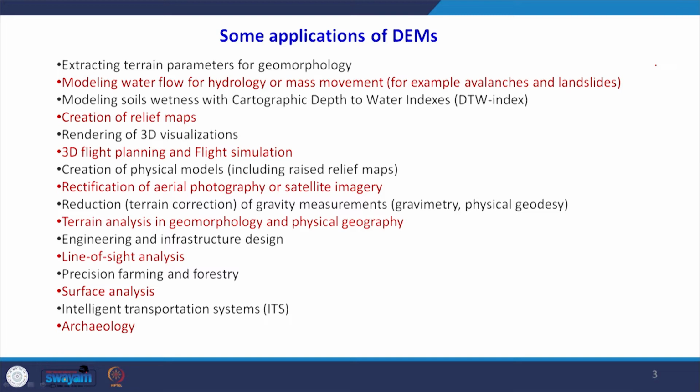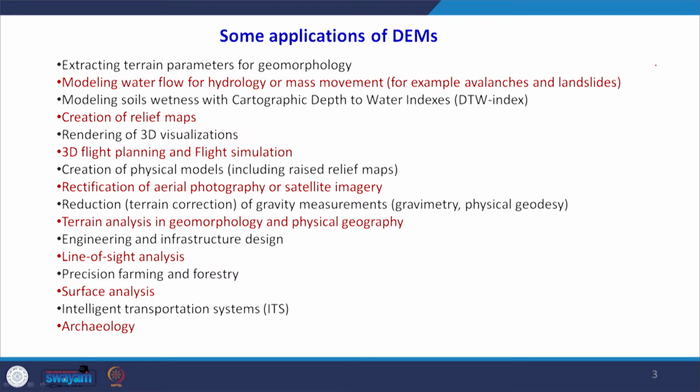We want to model the wetness of the slope or create the water index. For creation of the relief map, the DEM is very important. If you have to create a 3D visualization of the terrain, and this is very important in 3D flight planning and simulation work, it is being used in a very big way. You can create physical models including relief maps with the help of the digital elevation model.